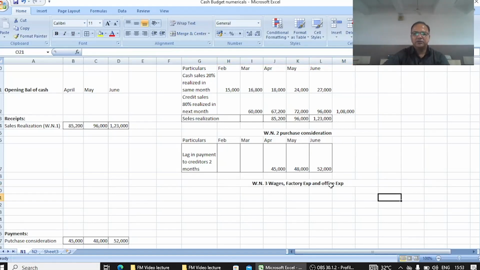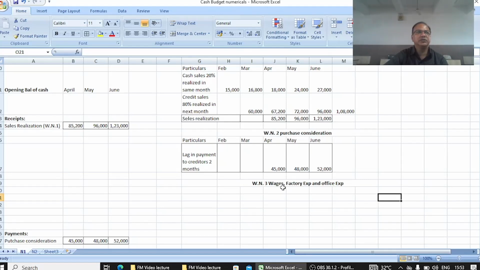Here you may take two assumptions. According to assumption number 1, you may include wages in expense. If you are including wages in expense, then we are assuming that wages will be paid after 1 month.